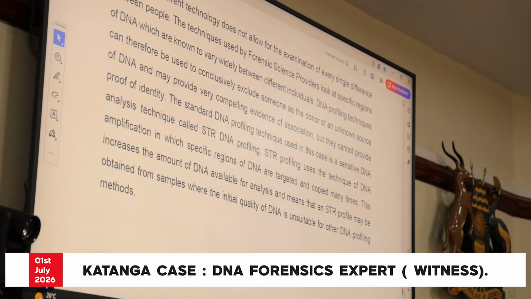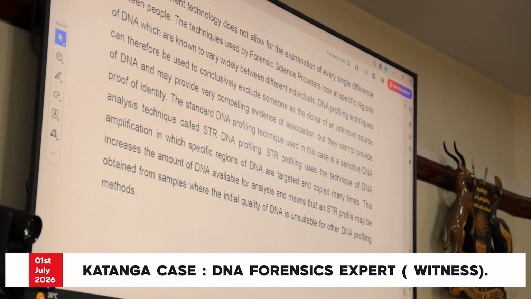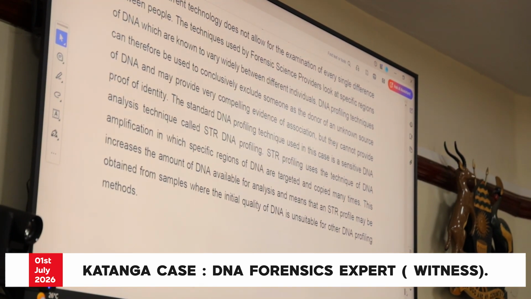The standard DNA profiling technique used in this case is a sensitive DNA analysis technique called STR DNA profiling, or short tandem repeats. So it's short tandem repeats, which means STR. Yes.